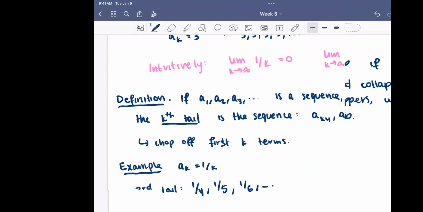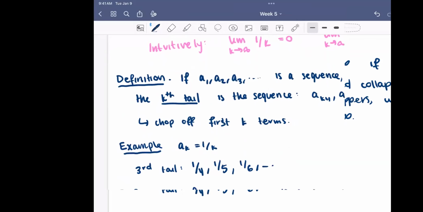If a1, a2, a3, and so on is a sequence, then its wrapper is just going to be the wrapper of the set of numbers. I'm going to stick all of the numbers inside of a set. And we know how to take the wrapper of a set.